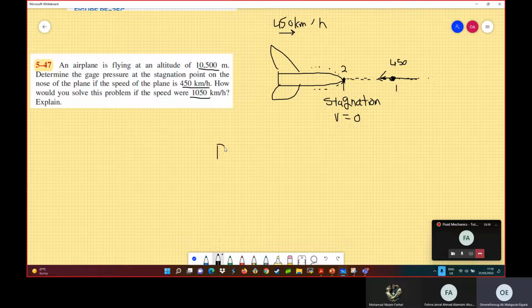So you have P1 plus half density of the air, V1 squared, and I will neglect the term rho gz because they are at the same elevation. Whenever the 2 points are at the same elevation, you can just neglect the third term, the hydrostatic pressure, is equal to P stagnation.